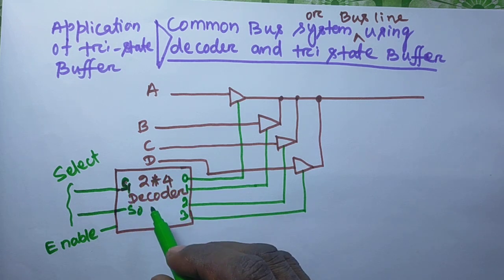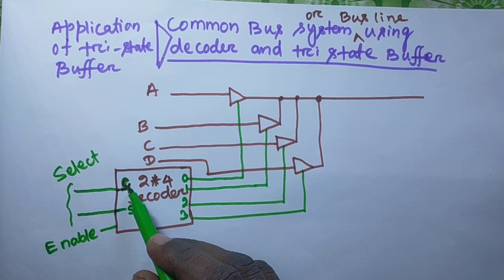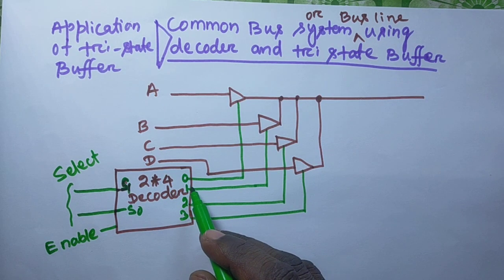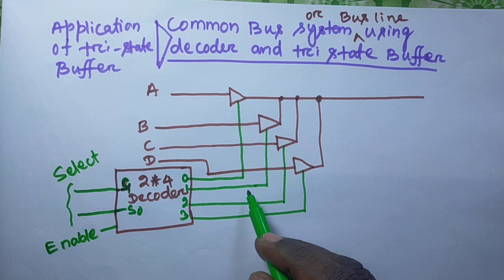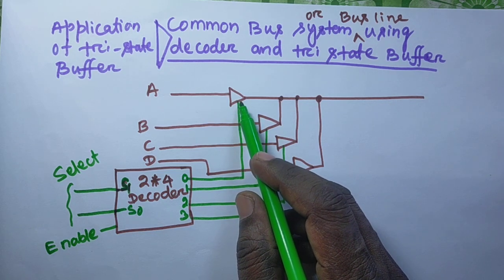This decoder is constructed by a 2-4 decoder, where 2 inputs will be provided as S0, S1, and this will provide 4 outputs, which are considered as inputs to the individual tri-state of this buffer.